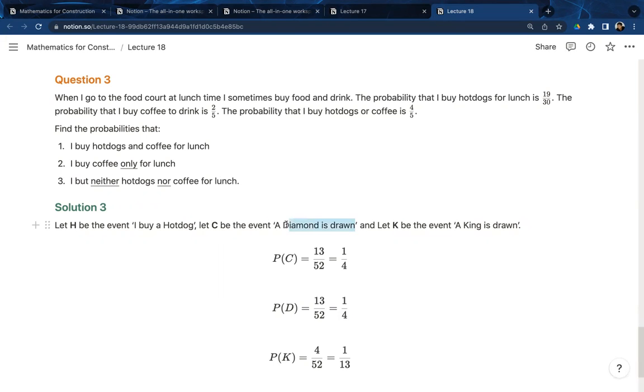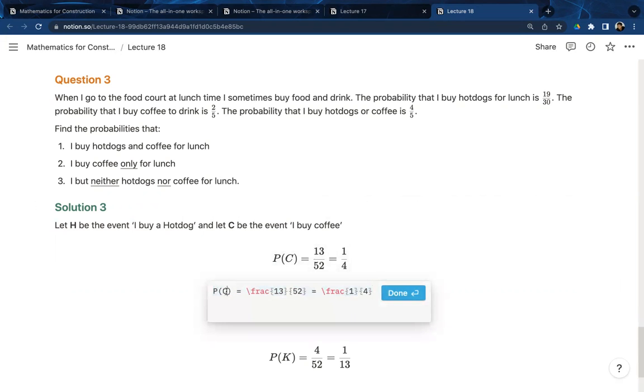C be the event I buy coffee. So I have H and C. The probability of H, they give us 19/30.